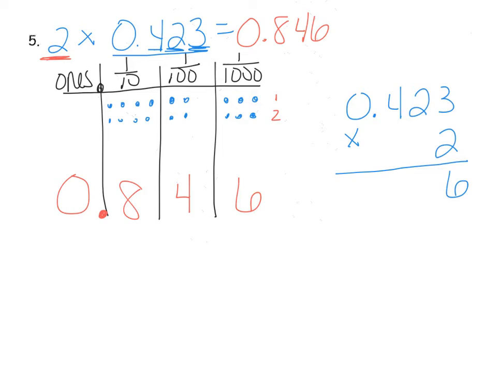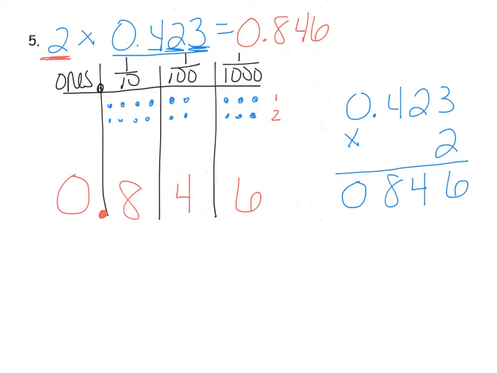So then we move farther over to the left. 2 times 2, which is 4, and I'm lining that up below the 2. Then we're going to do 2 times 4, which is 8. And notice my 4, if I bring it down, it lines up with the 8. And then last but not least, 2 times 0, which is 0 every time.